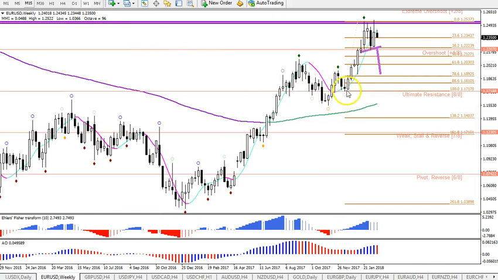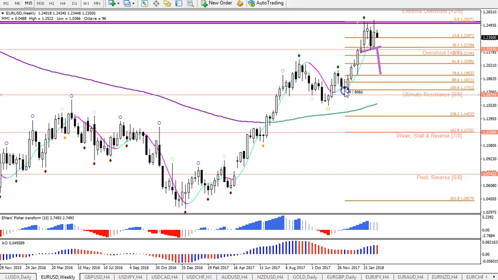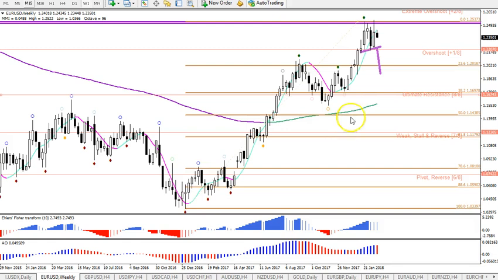For instance, like this, we could put the fib not from this bottom, but from this very bottom. There we go. And you can see there's a lot of space to the downside. Price could go all the way to the 38, 50, 61.8 fibs, which would not be a stretch of the imagination. So pretty good bearish space there to retest the 5 waves and make an ABC correction like this.